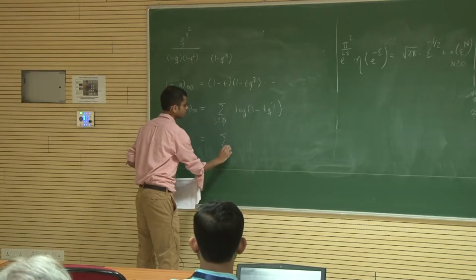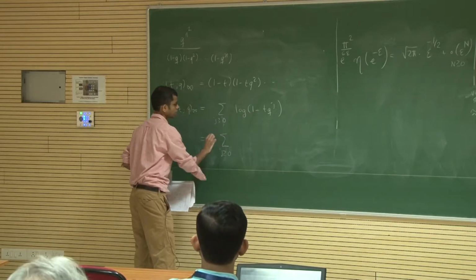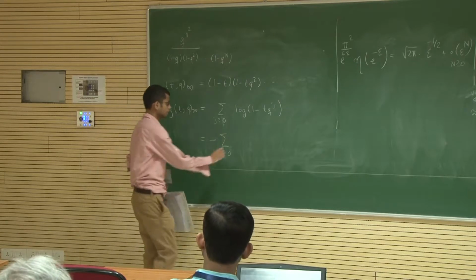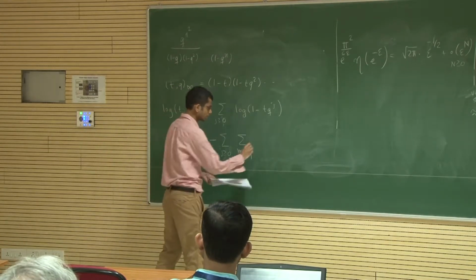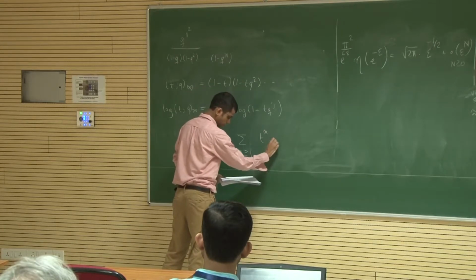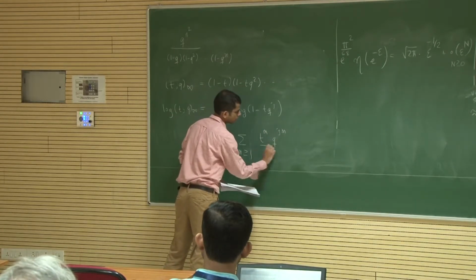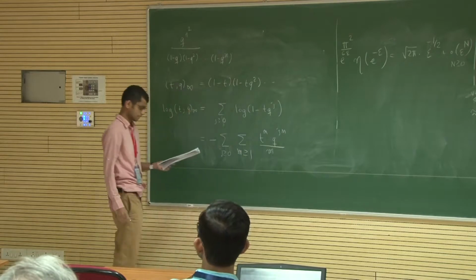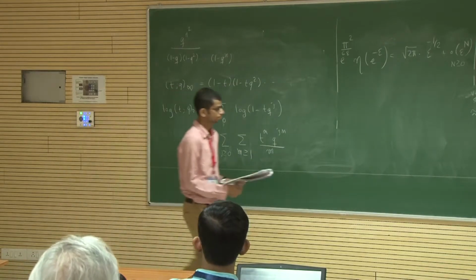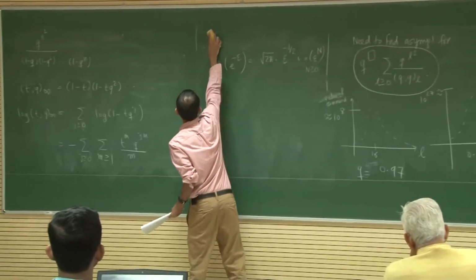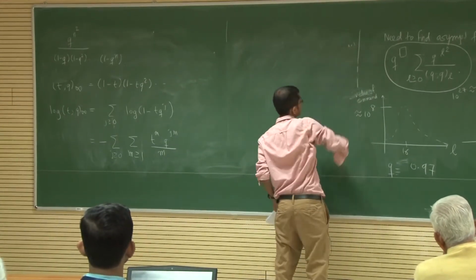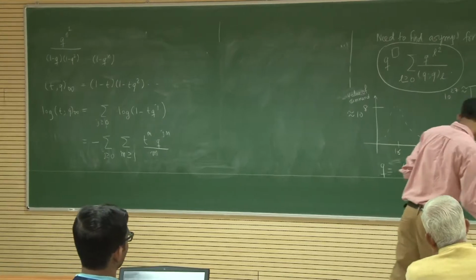Okay, let us expand. So the sum over m greater than or equal to 1 of t to the m q to the j m divided by m. Switch the order of summation, you can do all that. I get no joy in being rigorous.